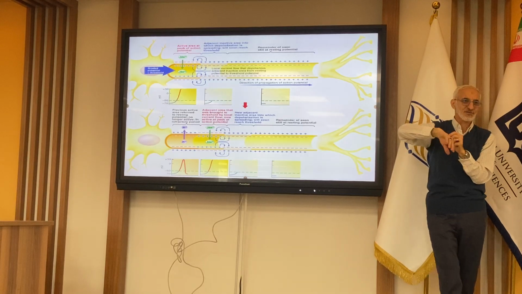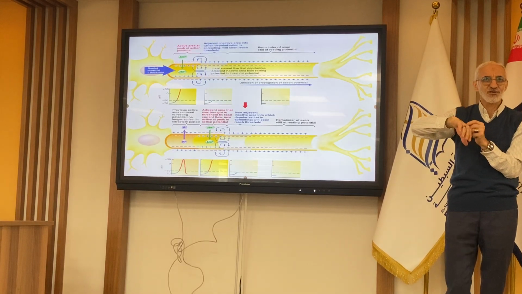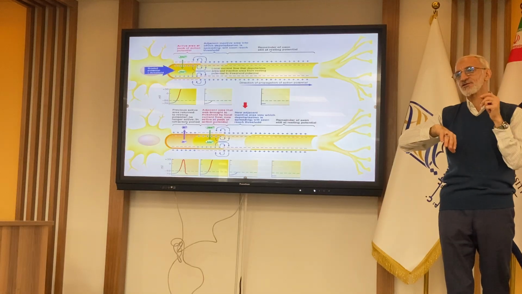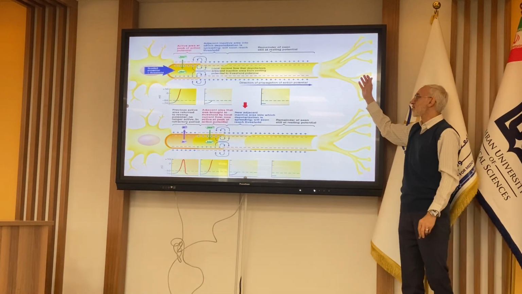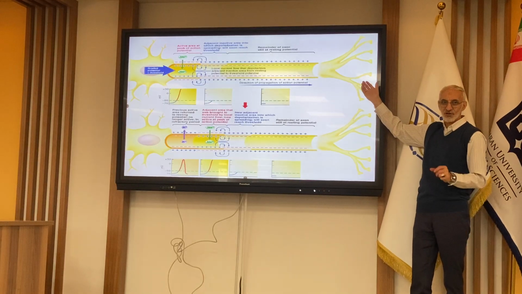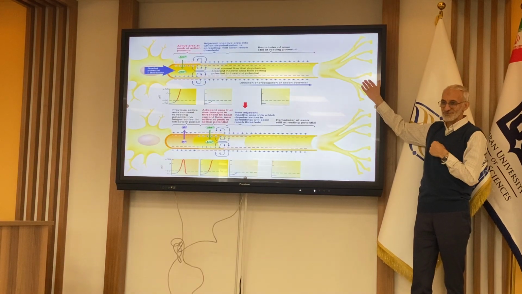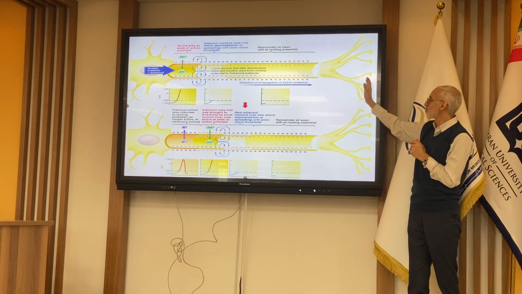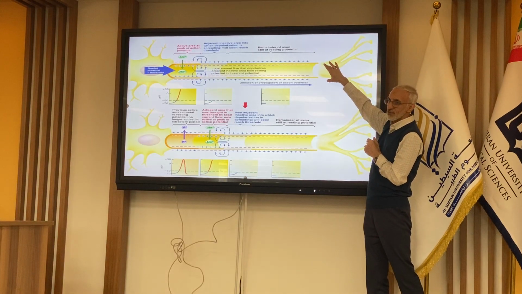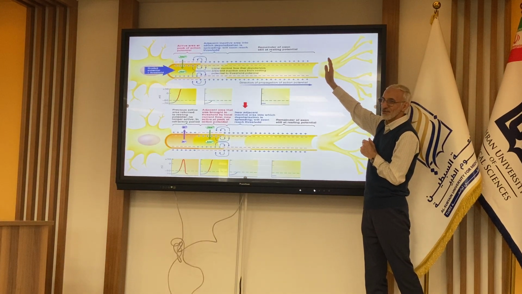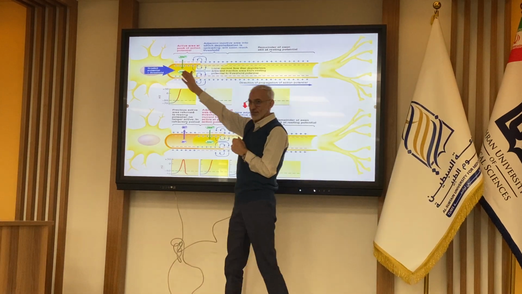Opening of stretch gated channels produces entering of sodium into the cell, producing a depolarization here, a local EPSP. This excitatory local potential can stimulate sodium channels here and produce an action potential. This action potential goes to the center.